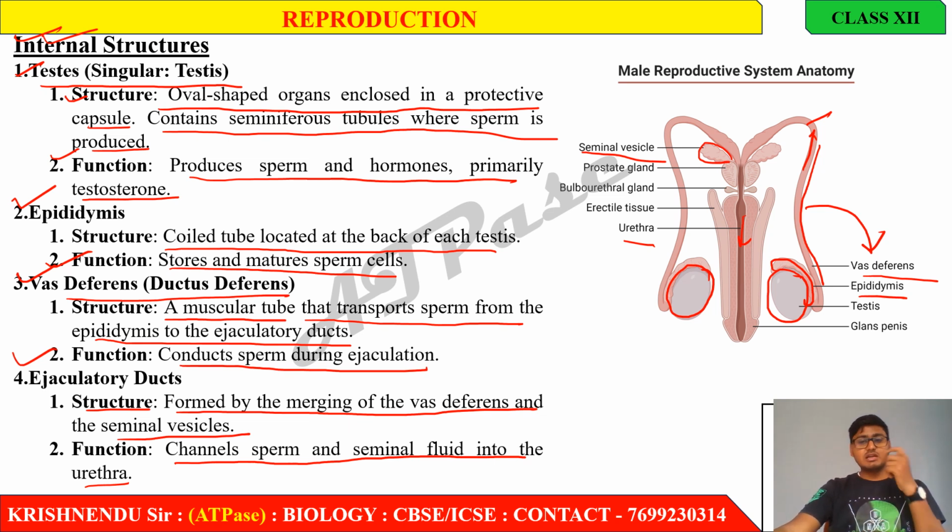From the urethra the sperm and seminal fluid will reach outside the male body, into the internal tract of the female reproductive system. So this is the basic internal structure of the male reproductive system.